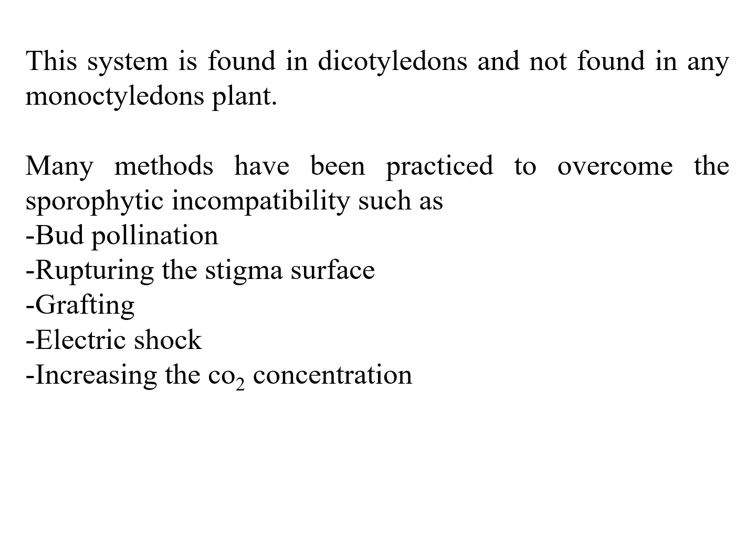So many methods have been used, like bud pollination, rupturing the stigma surface, grafting, which is very well known in many cucurbitaceae. Sometimes we apply an electrical shock to the surface of the stigma, or increase the CO2 concentration.